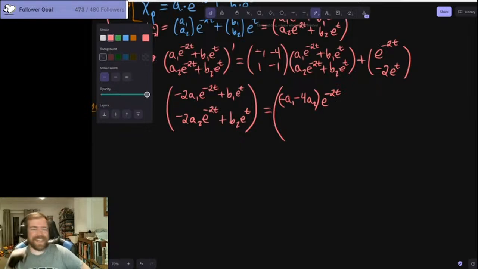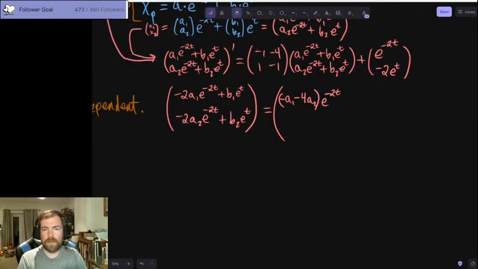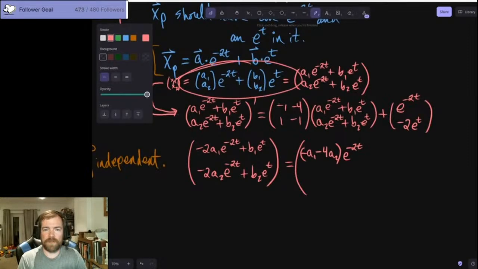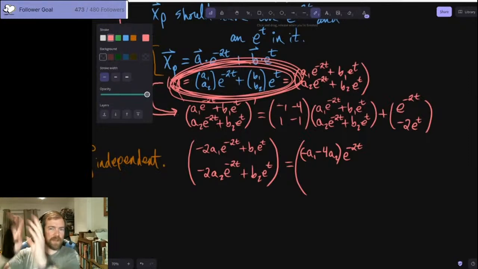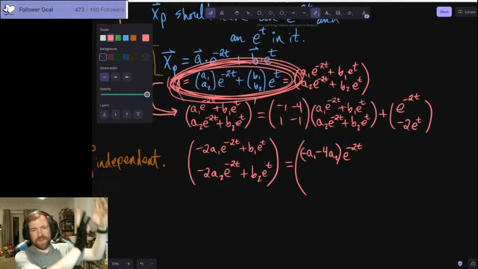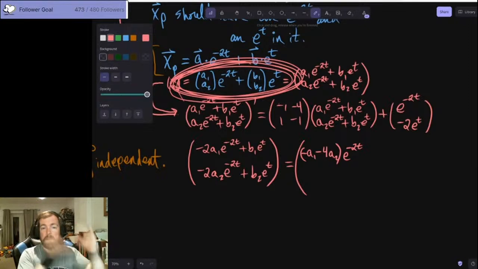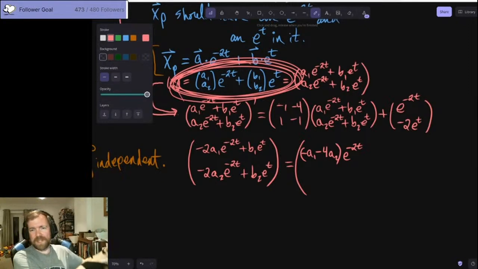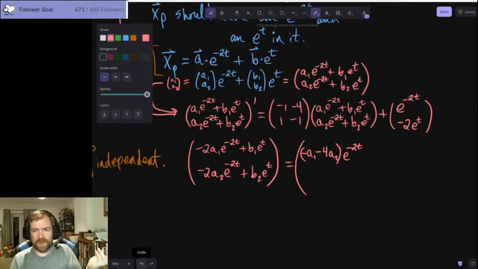Very messily, by literally writing out all 4 terms. Goodness, no. Don't do that. You could do that, and I don't know exactly where you want me to go with that. That's okay. But I was mentally grouping these together, and I'm just doing matrix multiplication. If you had left it as the a1 a2 e to the negative 2t plus b1 b2 e to the t, as the separated added 2 vectors and then done matrix multiplication, you're just doing distribution.